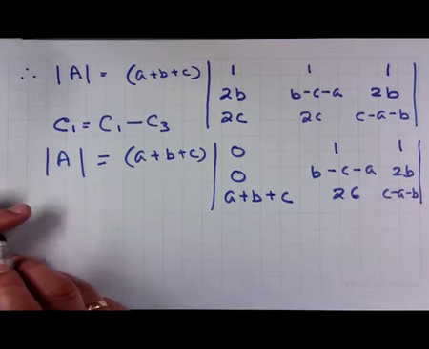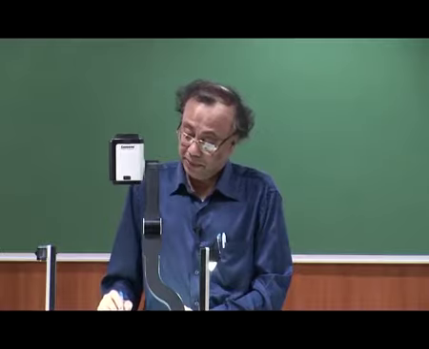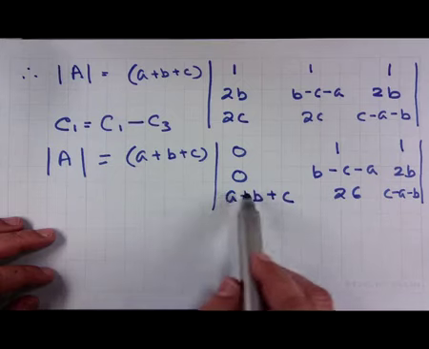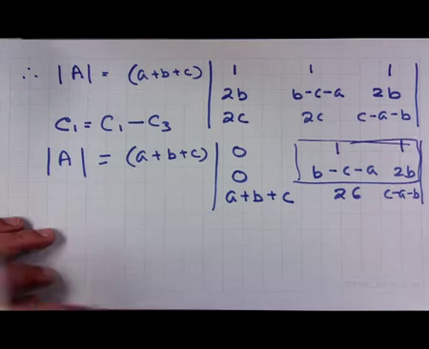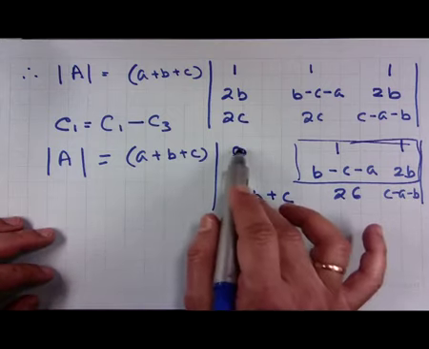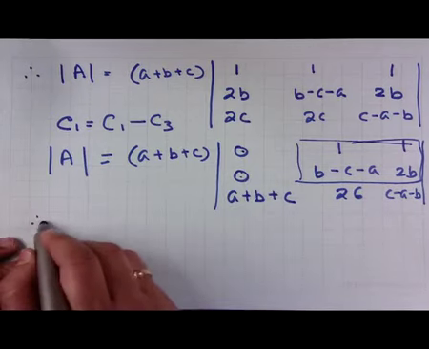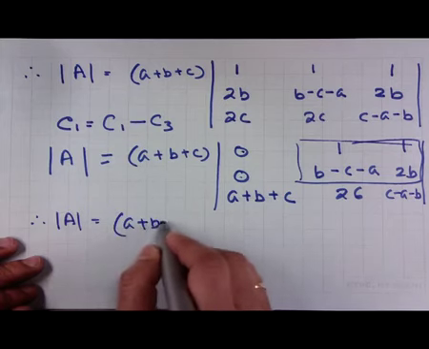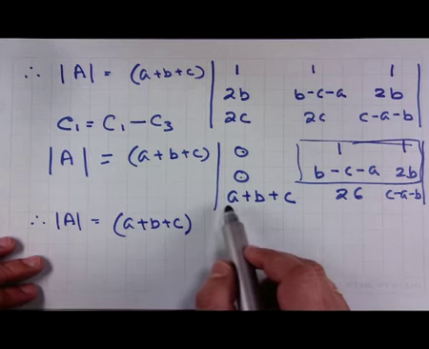What is the advantage? The advantage is that now we can expand the determinant only taking this term and corresponding submatrix. I do not need to bother about what is happening with this and this. Therefore, determinant of A is equal to a plus b plus c. Now, note that it is the third row first column.